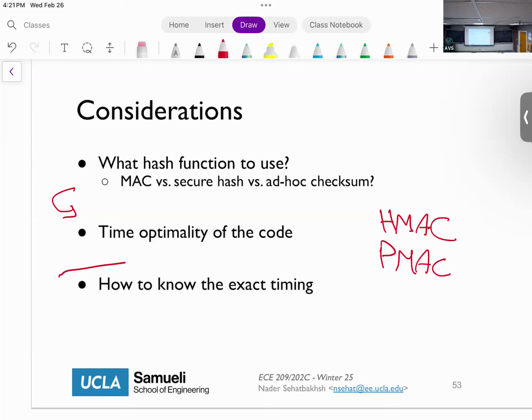And then, of course, this is something that we discussed last time. Knowing the exact timing is difficult, because there are other things that might negatively impact the timing. The most critical one is the network.